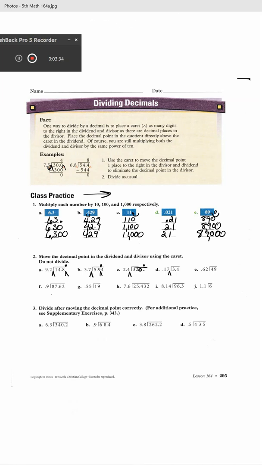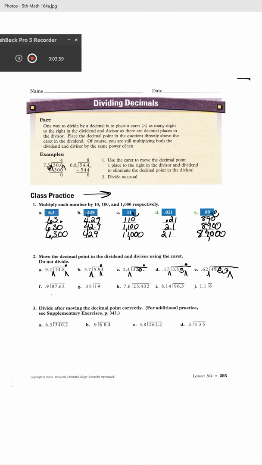This one has to move twice. This one has one number, so we move it over once and twice, and we have to add that 0. You got to add that 0, then put the decimal up here. This one moves over twice. The decimal's already here in 49 because that's a whole number. So you have to move it over twice.